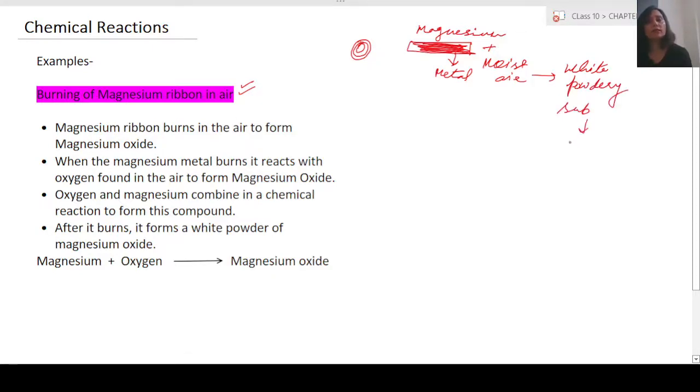This white powdery substance is magnesium oxide. So before beginning this experiment, we always rub the ribbon with sandpaper. Why? Because the surface of sandpaper is rough.